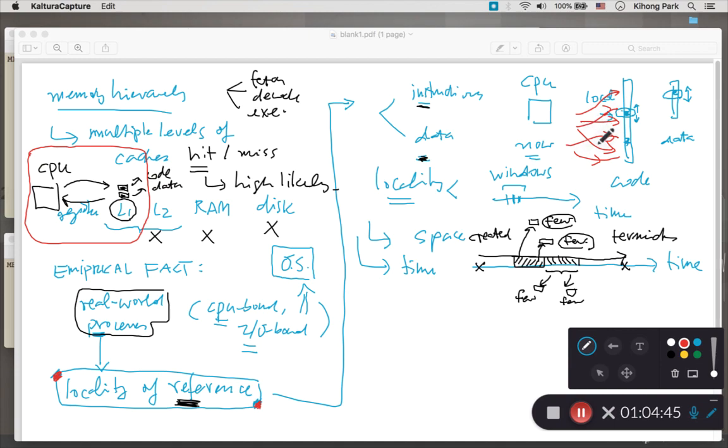There's no pattern. There is no locality. In that case, having such a memory hierarchy is of little to no use. But because real-world workloads obey this very strong property, building this memory hierarchy using hardware support is of significant benefit.